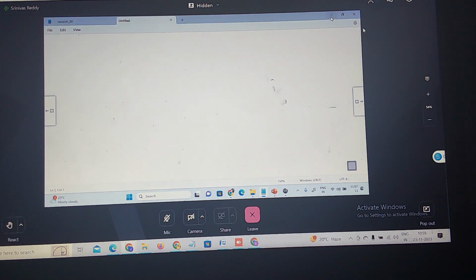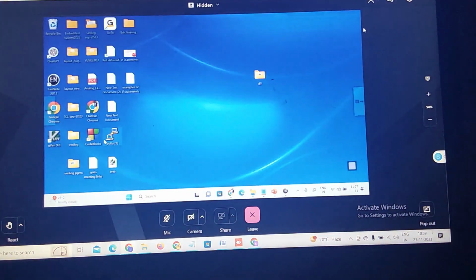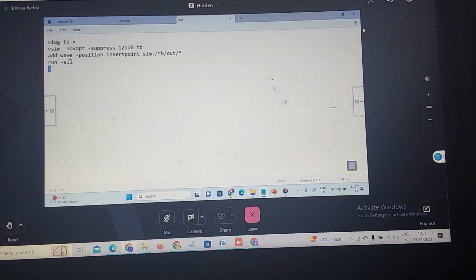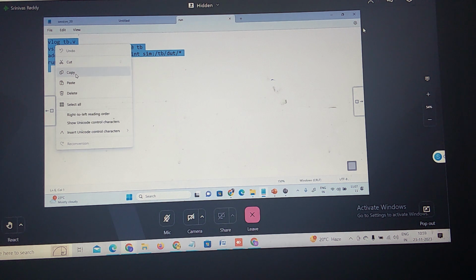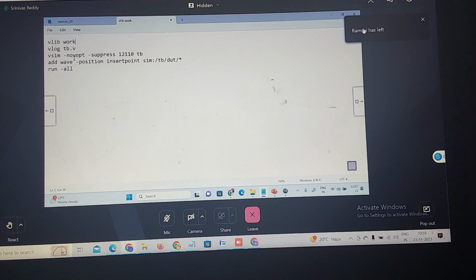I need to make the run.do file. Can you tell me what the commands for the run.do file are? These are comments, correct? vlib work library before that. Then vlog tb.v.